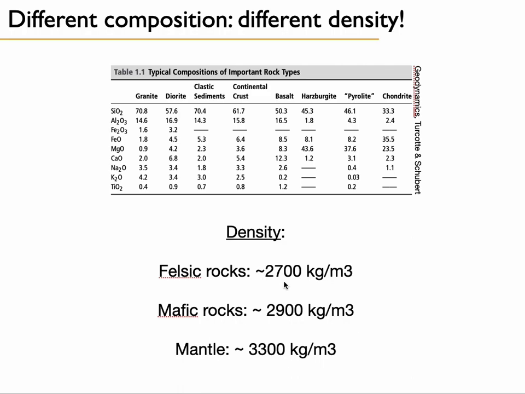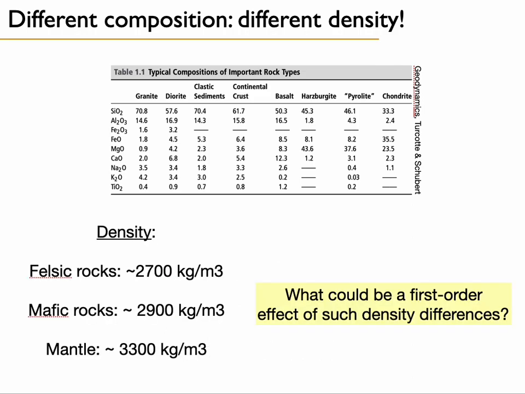Mafic rocks are denser, and they basically have a mean density of 2,900 kilograms per meter cube. And the mantle rocks are even denser. They reach densities larger than 3,000 kilograms per meter cube. So that should be a first order effect of such density difference.